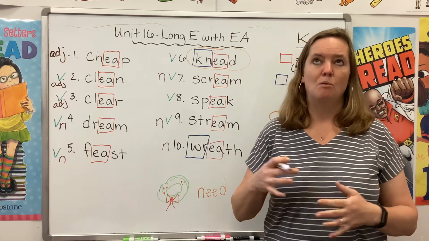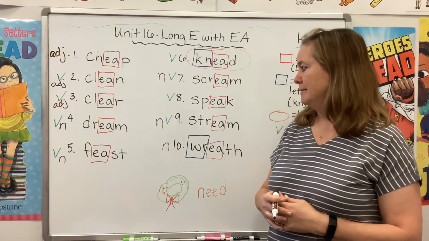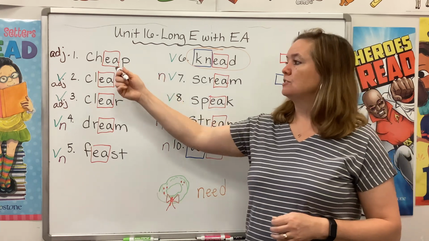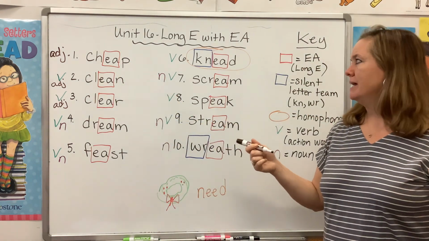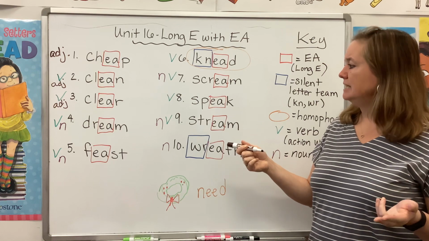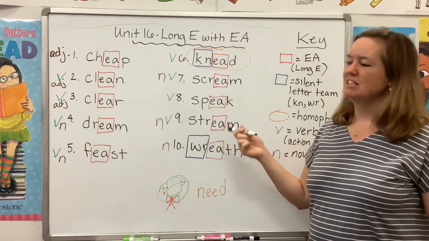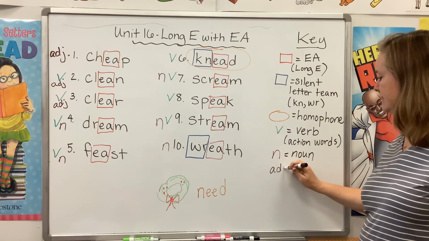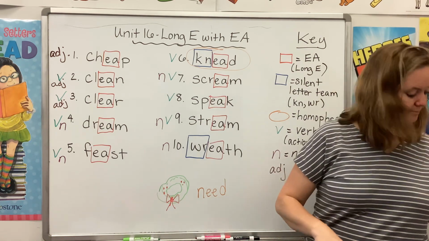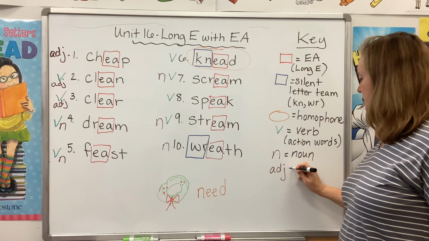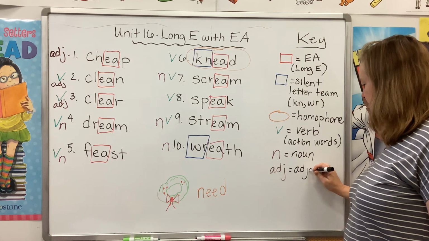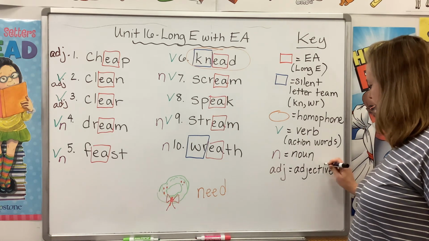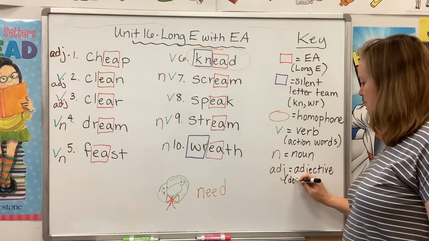There's no more obligations on it. Okay, so we can describe something by saying it's cheap, it's clean, it's clear. None of these other words make sense there though. So A, D, J equals adjective. And an adjective is a describing word.